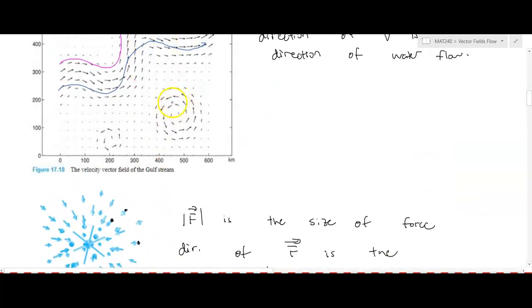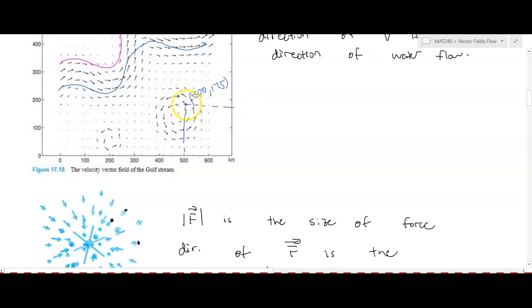So when we take a look at what we have up here, we see that every single point in this Gulf Stream vector field, at every single point, we can generate a vector. And that vector has, that input requires 2 things. Like, for example, at the point that I just drew, I need the x and the y position, which I may estimate to be about, let's say, 500, 175.